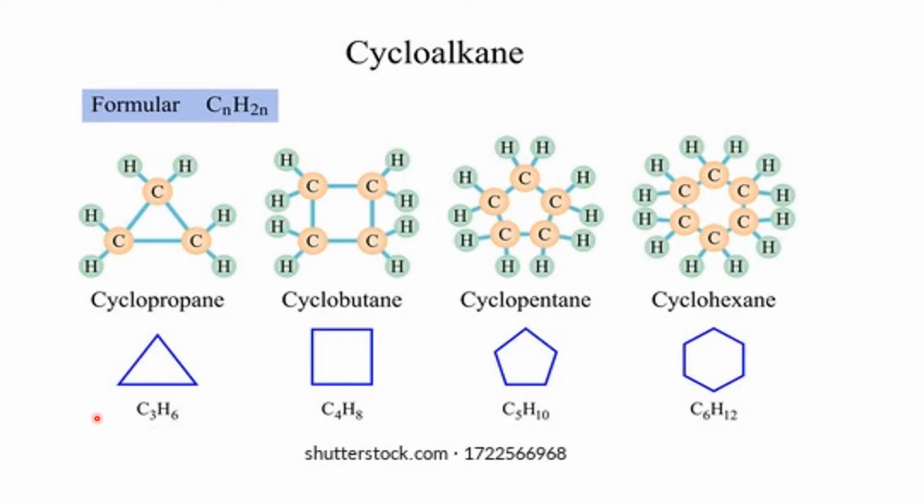Hence, cyclopropane, C3H6, is the first cycloalkane. The structure is shown here, followed by cyclobutane, cyclopentane, cyclohexane, etc.